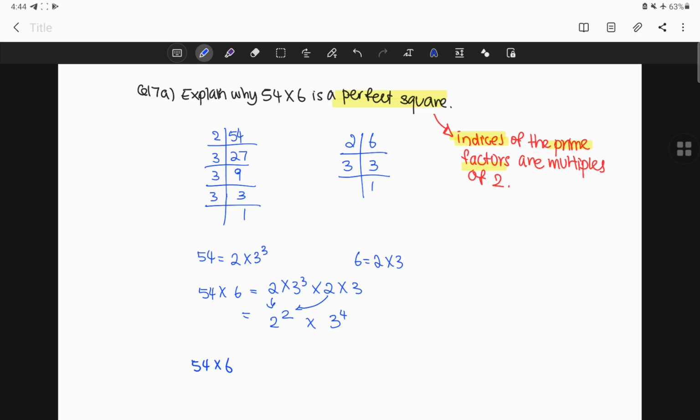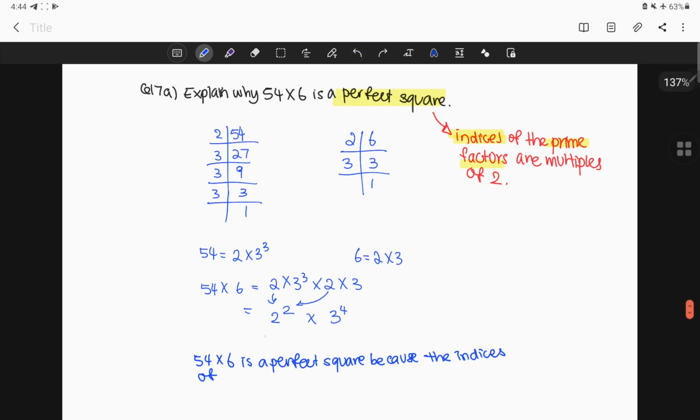And then therefore, 54 multiplied by 6 is a perfect square, because the indices of each prime factor, so over here I'm referring to 2 and 4, so let's write that down, 2 and 4 are multiples of 2.